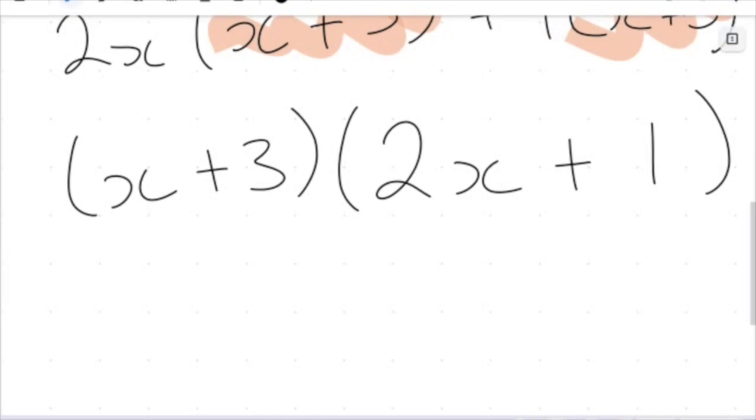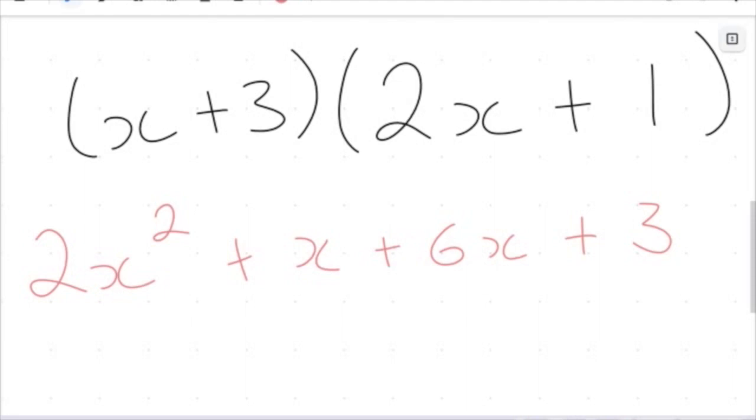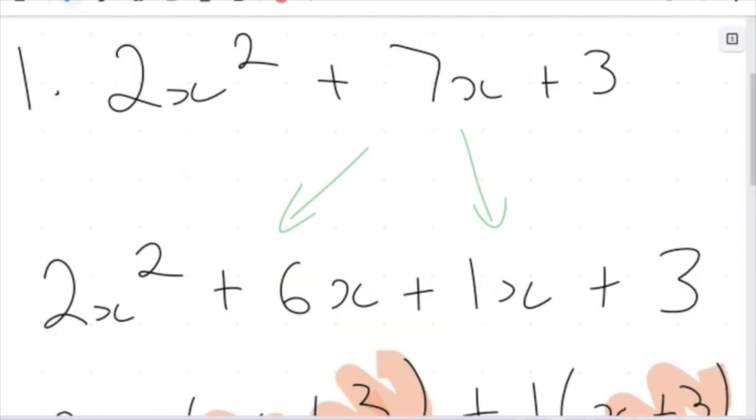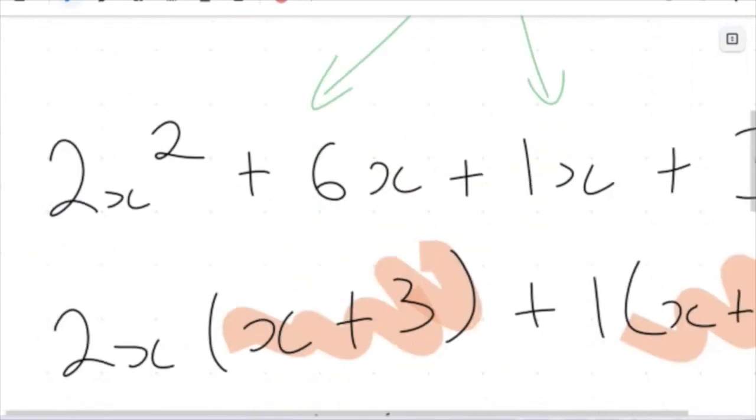So expanding this, just to double check I've done it right, x times 2x gives me 2x squared, x times 1 gives me x, 3 times 2x gives me 6x, 3 times 1 gives me 3. And taking the like terms, I'm going to wind up with 7x when I add those two together. So I get my thing up here.